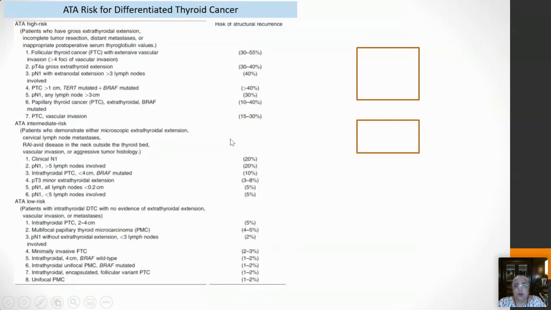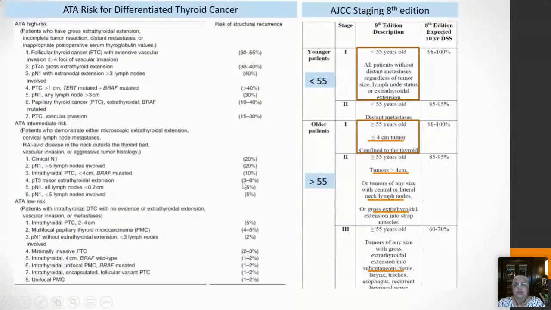Now, some of these risk factors, including also the size of the nodule, have been taken into consideration in the AJCC staging, that's the 8th edition. And I think this is one of the few staging systems that actually divides up low risk and high risk patients based on age.